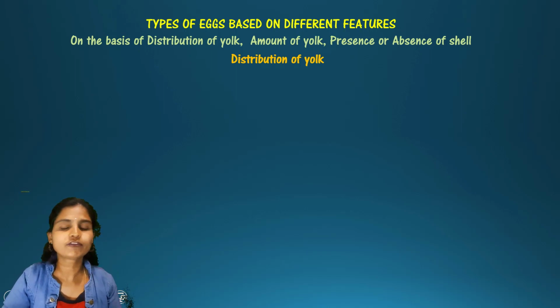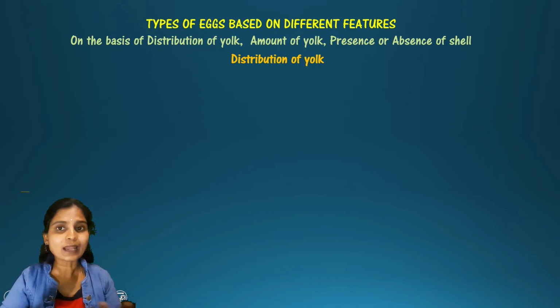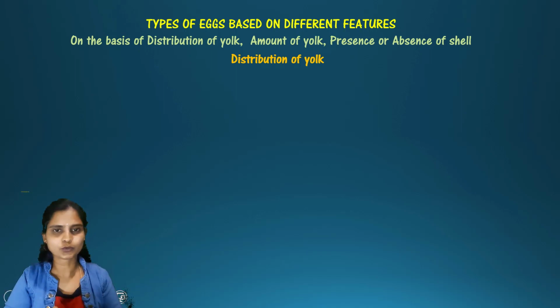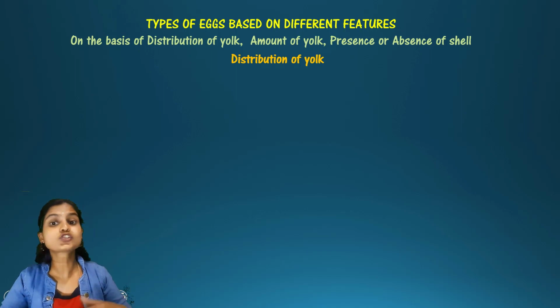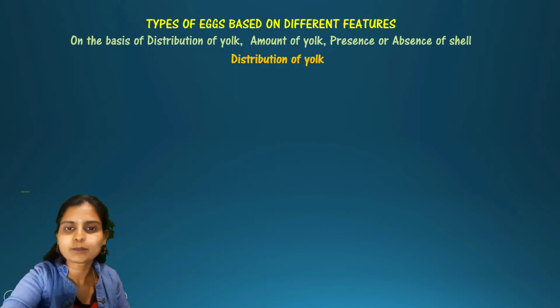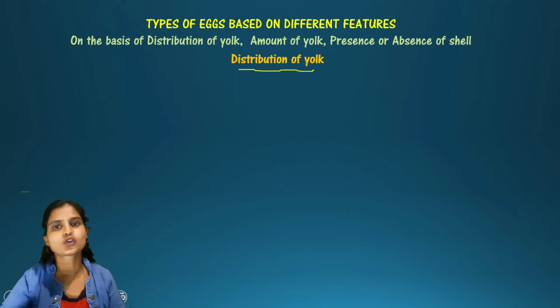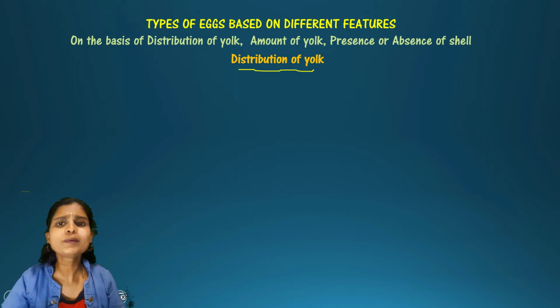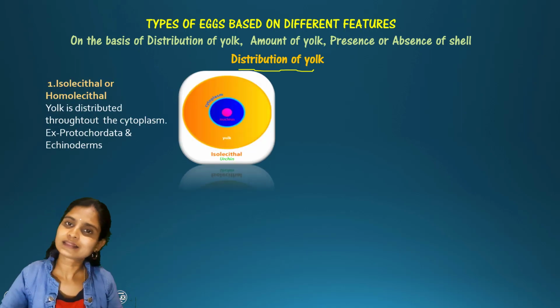There are different types of eggs, and they can be differentiated mainly based on three things: distribution of yolk, amount of yolk, and presence or absence of shell. First we discuss distribution, how the yolk is spread in the ovum. Based on this there are three types.